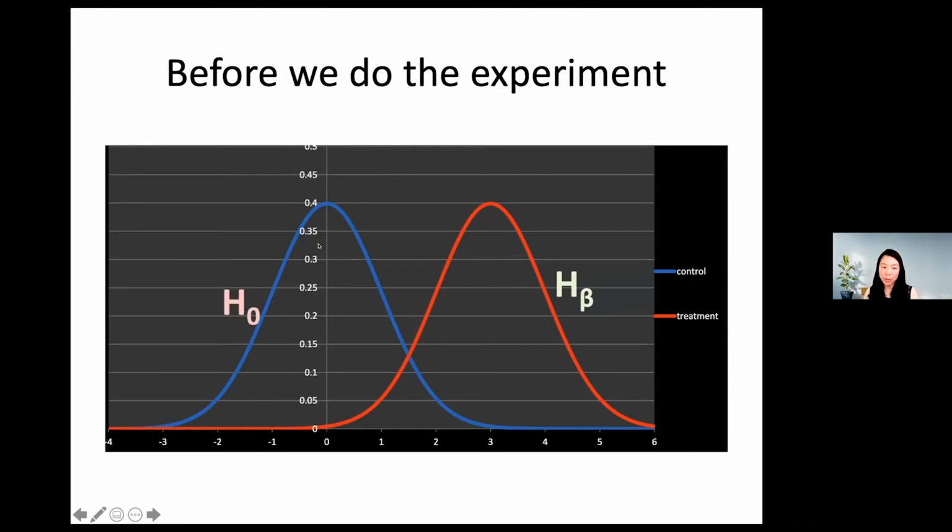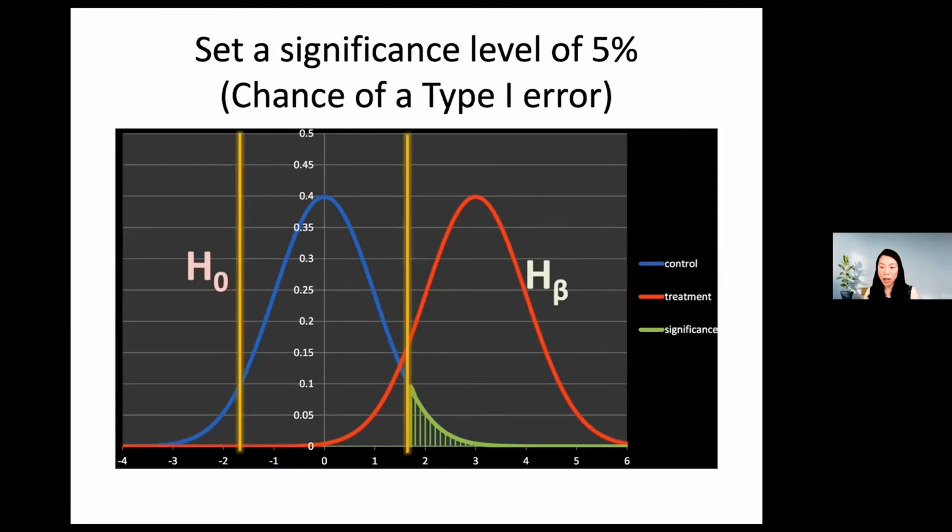So for example, the null hypothesis, right? The control group average, we often set it to 0, and the treatment impact we measured is beta here. So the difference between the control group and treatment group, we want to know how confident we are in this.